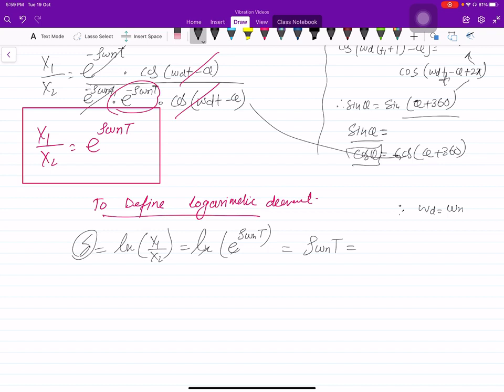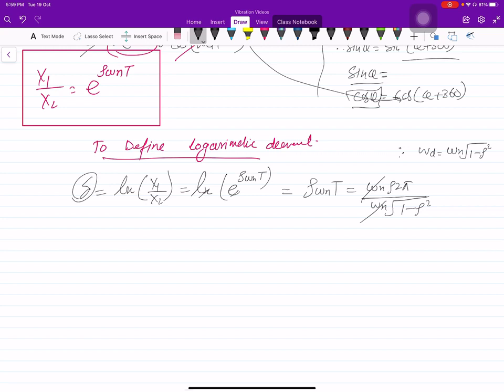So by putting all these things in, we get 2 pi zeta. Wn and the square root term cross out, cancel out. And then we have the logarithmic decrement equal to 2 pi zeta over the square root of 1 minus zeta squared.